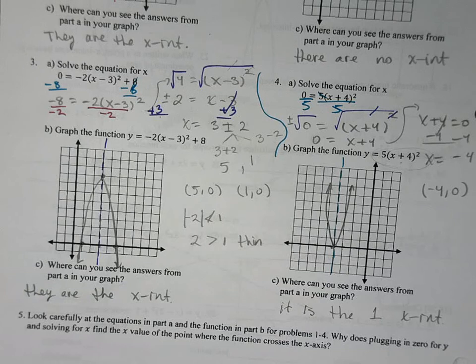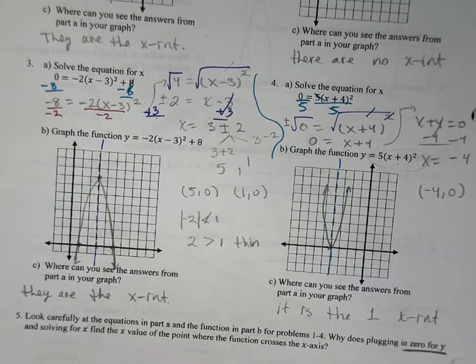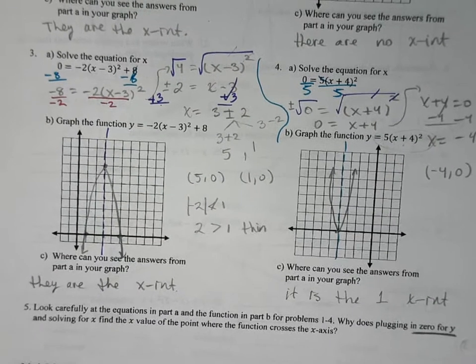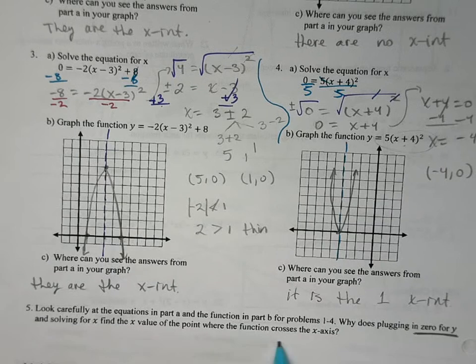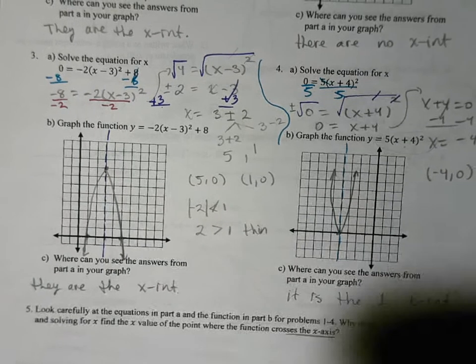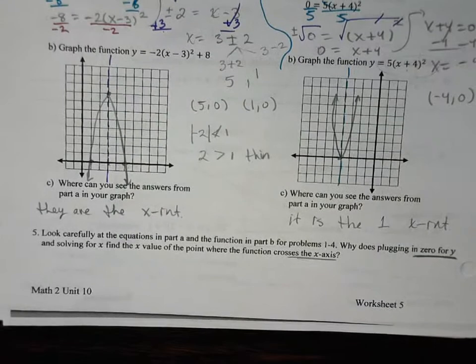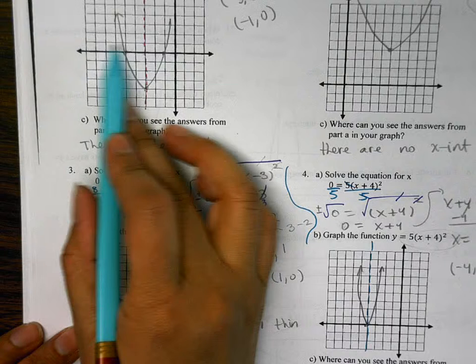All right. Look carefully at the equations in part A and the function in part B for problems 1 through 4. Why does plugging in 0 for y, we've talked about that before, why do we plug 0 in for y when we're looking for an x-intercept? Because it's on the x-intercept. And what happens when you're on the x-axis?